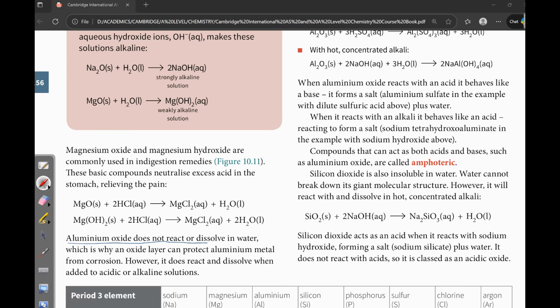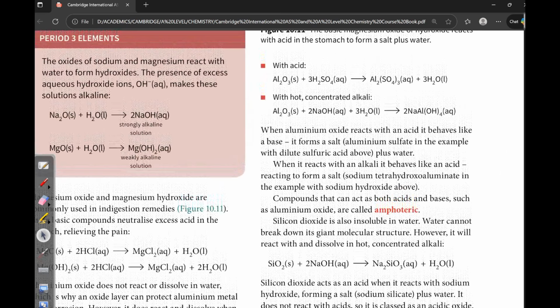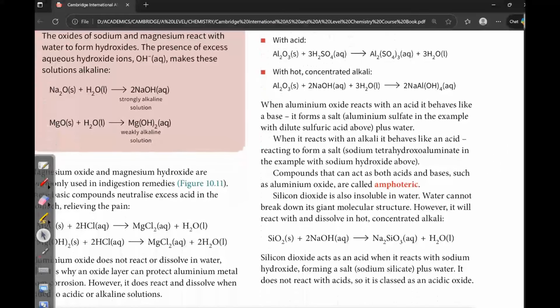Aluminium oxide does not react or dissolve in water, which is why an oxide layer can protect aluminium metal from corrosion. However, it does react and dissolve when added to acidic or alkaline conditions. So that is why aluminium is amphoteric.